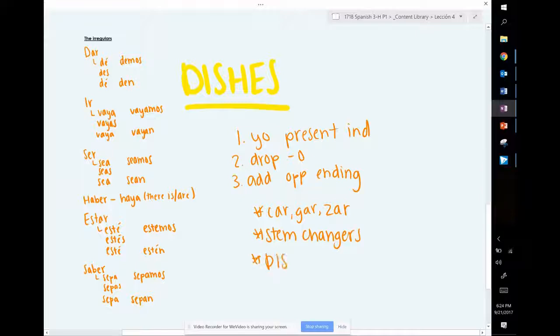Or about our dishes, the irregulars. Again, these conjugate just like formal usted and ustedes commands. The only difference being with pronouns. When you have the subjunctive, you never attach a pronoun to the end. It always goes before your conjugated verb. So with reflexive verbs, that pronoun would go before your conjugation as opposed to being attached at the end with an accent. Do not attach pronouns to the end of your subjunctive conjugations.